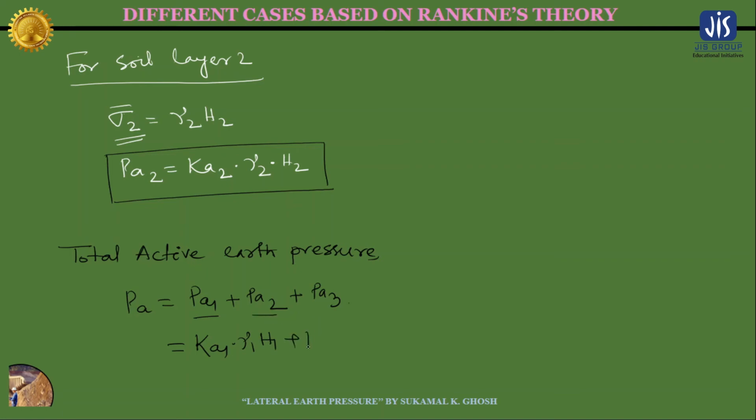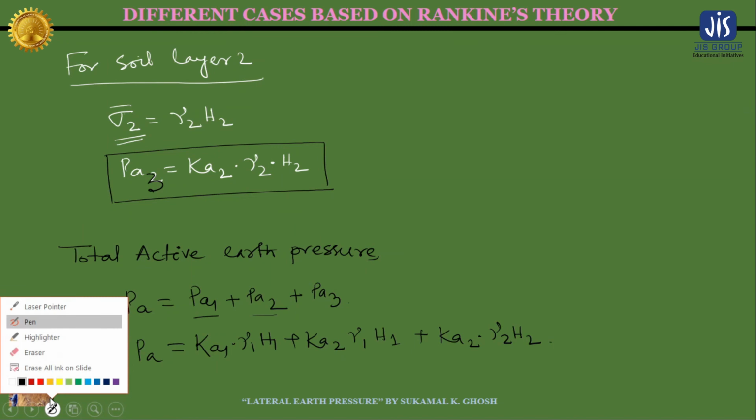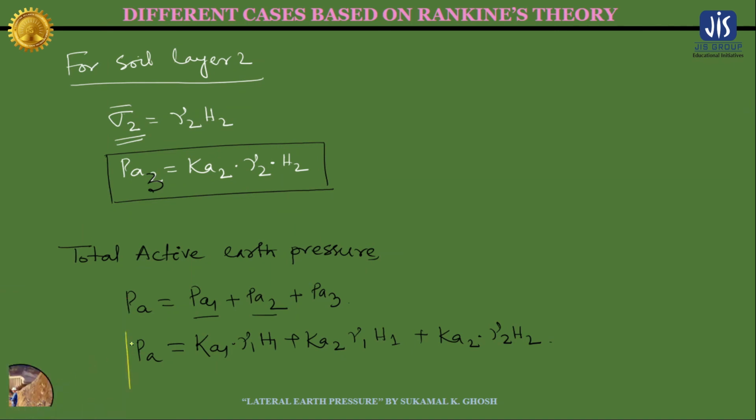The Pa2 was K2 into gamma 1 into H1, and our Pa3 was K2 into gamma 2 into H2. Okay, so this is the value of total active earth pressure for our case 5.